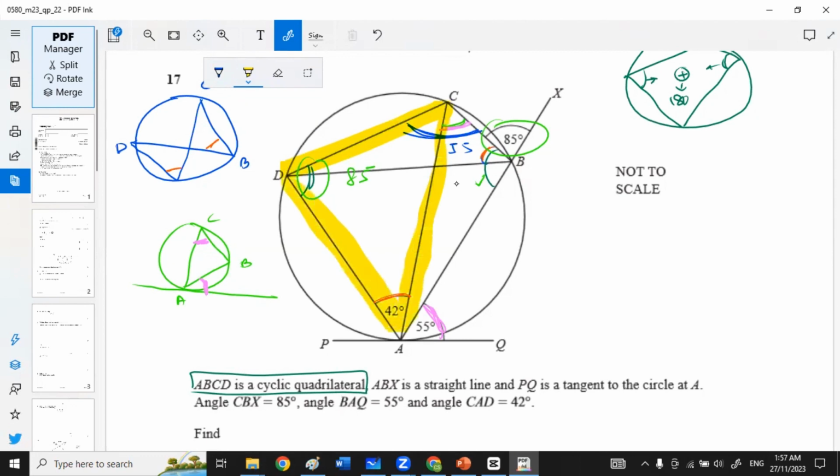So this angle will be 180 minus 85 minus 42. You should get 53. So angle BCD should equal 53 plus 55, equal to 108.